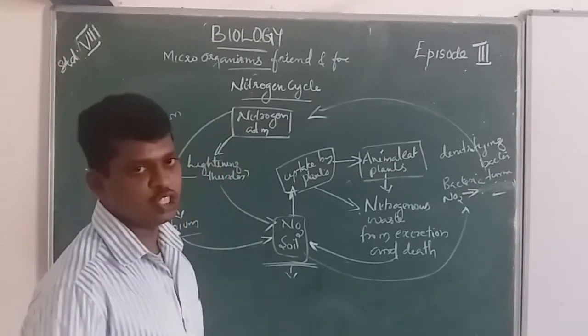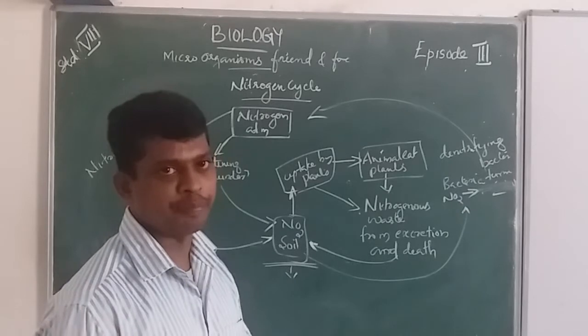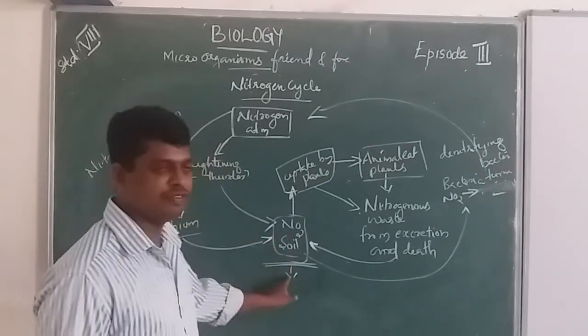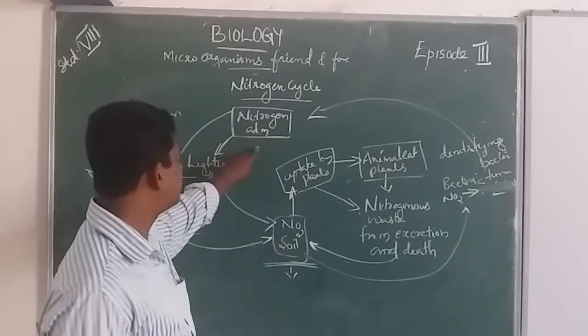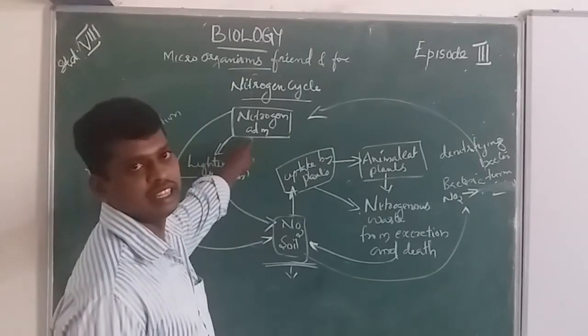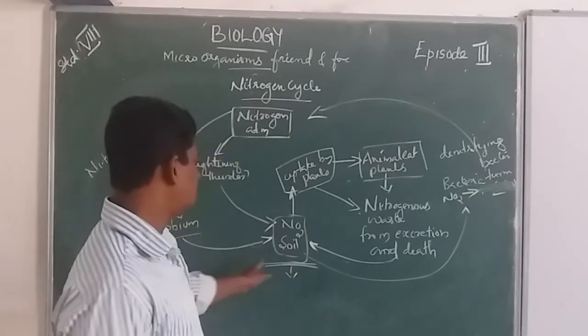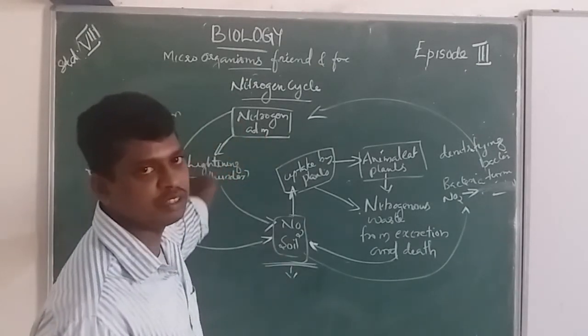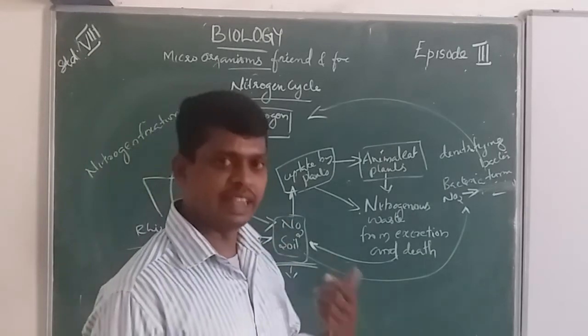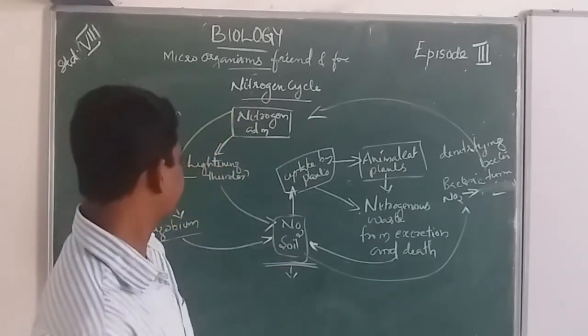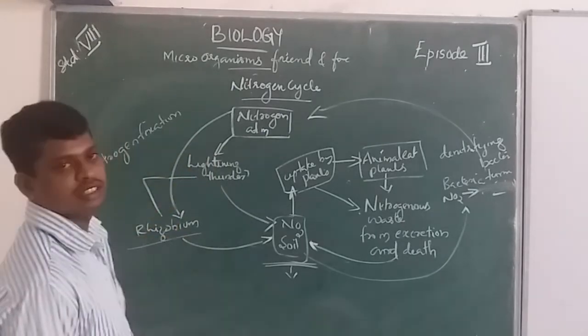With the help of rhizobium in leguminous plants, nitrogen fixation happens. That means atmospheric nitrogen is converted into soil nitrate. Okay, this is the first step.